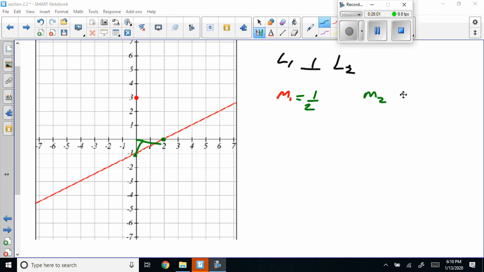It's going to be a negative. Now, what's the reciprocal of 1/2? 2 over 1. Okay? Now, -2, I'm going to go down 2 and right 1. So down 2 over 1, right? Yep.